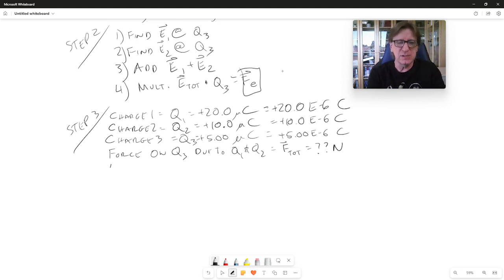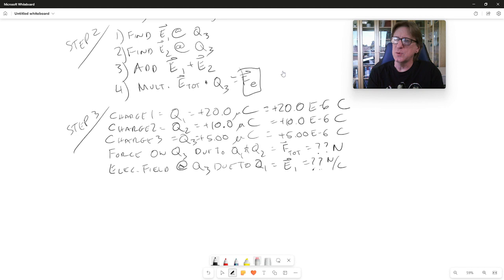All right, so since we're going to need some symbols, we're going to do the electric field at Q3 due to Q1. And so we decided we were going to call that this, and we don't know what that is.